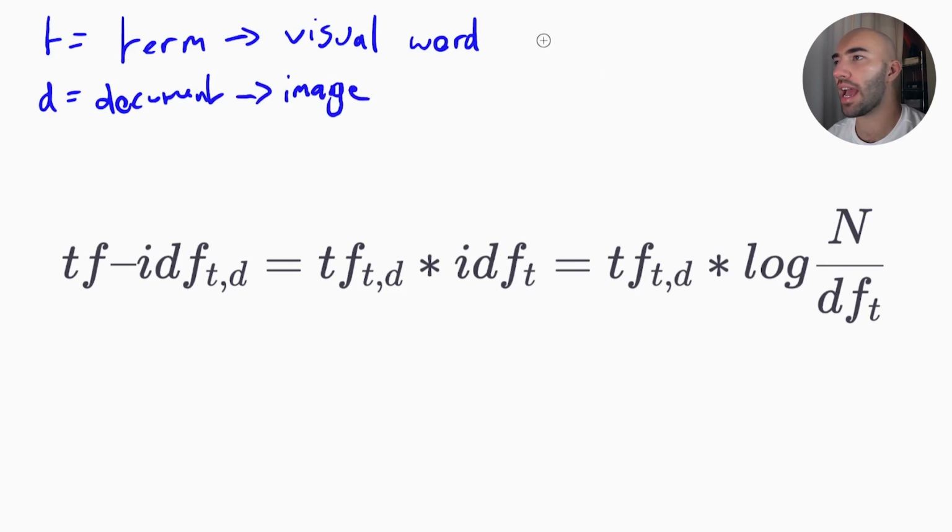Okay, and then we have TF_td, and that refers to the term frequency, the frequency of a particular visual word in a particular image. So the term frequency of a visual word in an image.